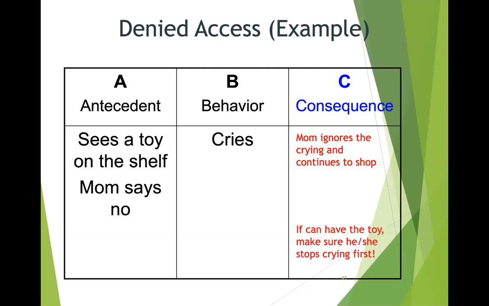And if it's a situation where the child can't have a toy, make sure that they have stopped crying before you give them that item. Another option as well is to bring a different toy to offer them instead, if that's not a situation where they can have that toy.